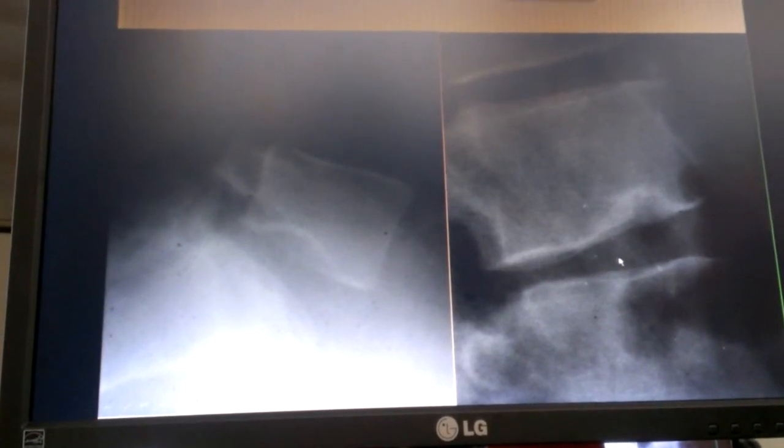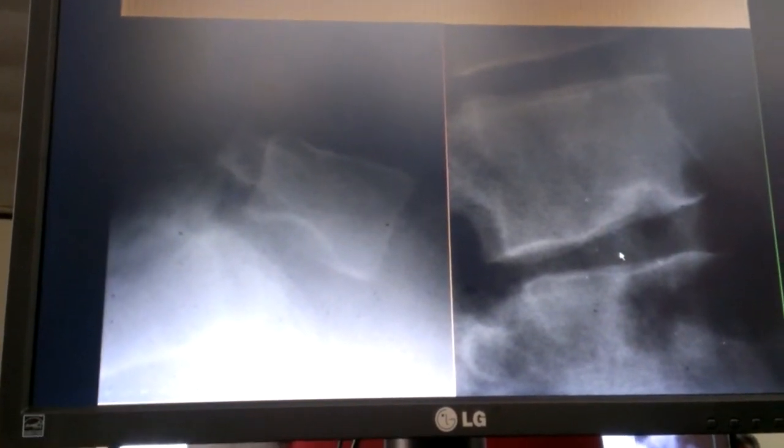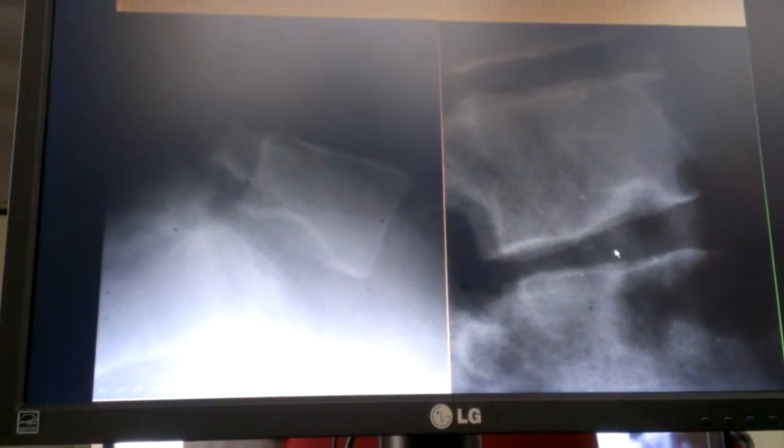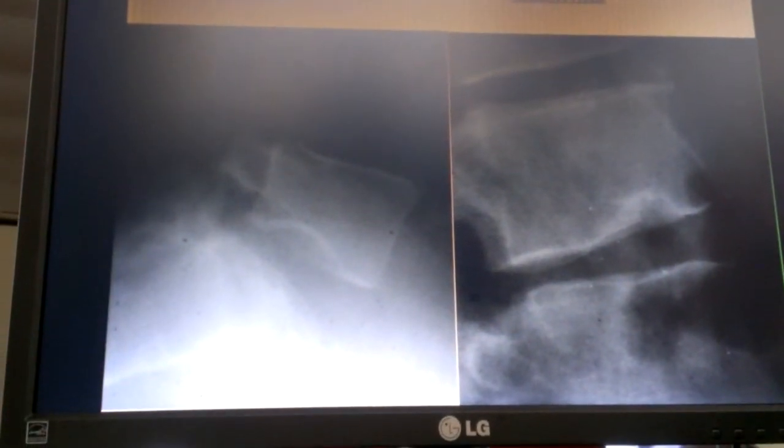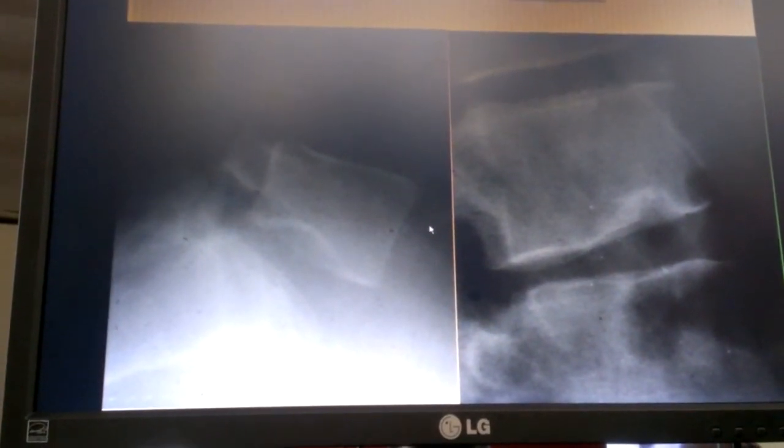Whenever you migrate nuclear material, it'll result in a decrease in the disc height, and more specifically you'll find, at the discovertebral junction, what is called intervertebral osteochondrosis.